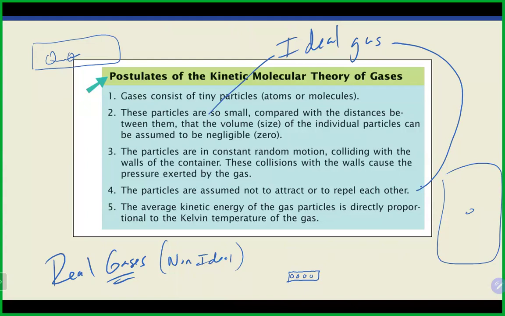The good news is pretty much even under normal conditions, even under a little bit higher than normal conditions, most gases will still behave pretty ideally. And that's why we oftentimes will use just the ideal gas law. The ideal gas law is actually a more universal gas law that can be used in any situation. When you get to 1A and talk about the van der Waals equation, what you'll see is there are constants in the equation that are specific for each individual gas.